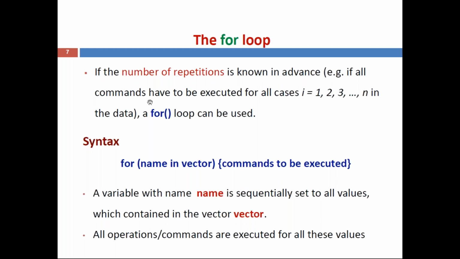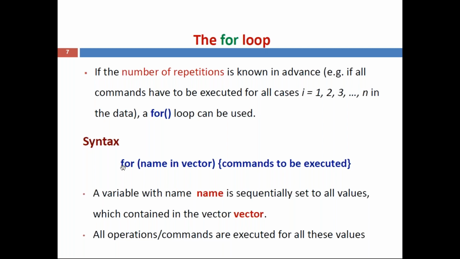For example, if all commands have to be executed for all cases, that is i equal to 1 to n, these values are given in advance in the data. To handle these types of situations, the for loop can be used. That is the purpose of the for loop.